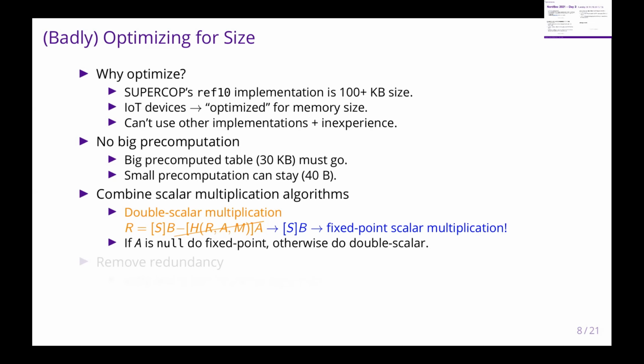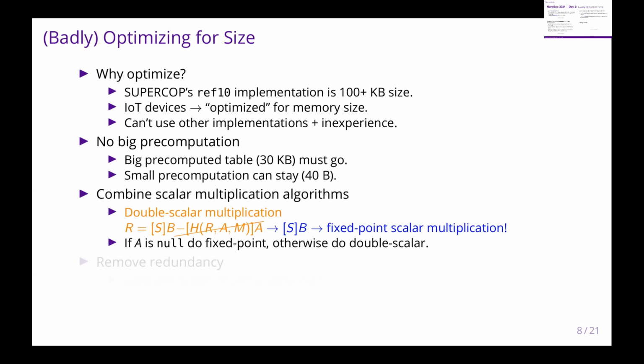But if we input both values, then it turns into a double scalar multiplication. So by doing that, basically we're getting rid of one of the scalar multiplication functions. So we get rid of code. That makes the implementation smaller.